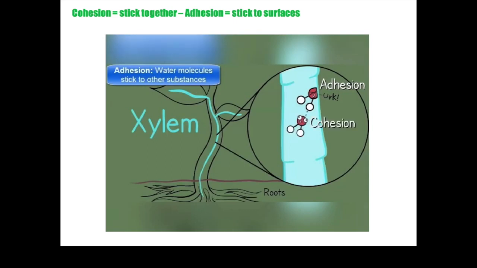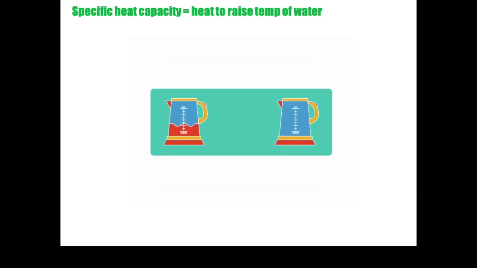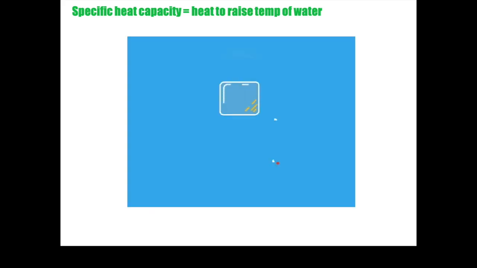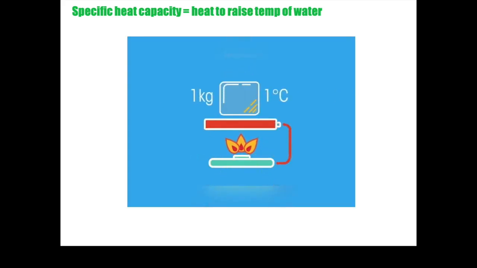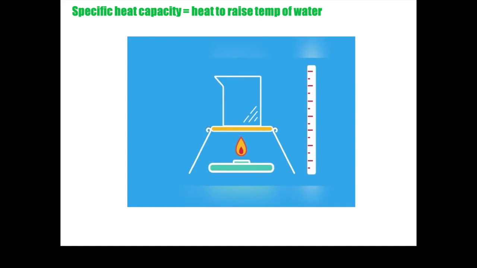One property of water that really depends on hydrogen bonding is that it has a really high specific heat capacity. It takes water a lot of energy to break all of these hydrogen bonds that we have seen. Specific heat capacity is how much heat it takes to raise the temperature of 1 liter of water by 1 degree.